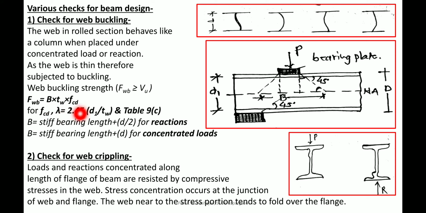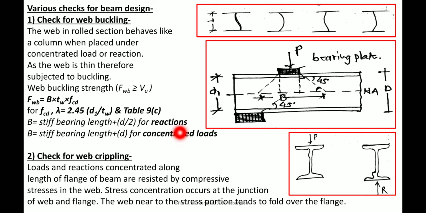For f_cd, we are going to find the slenderness ratio lambda equal to 2.45 times d1 divided by t_w as per the clause in IS 800-2007, and we also follow Table 9C, where B is the stiff bearing length plus d by 2 for reactions.